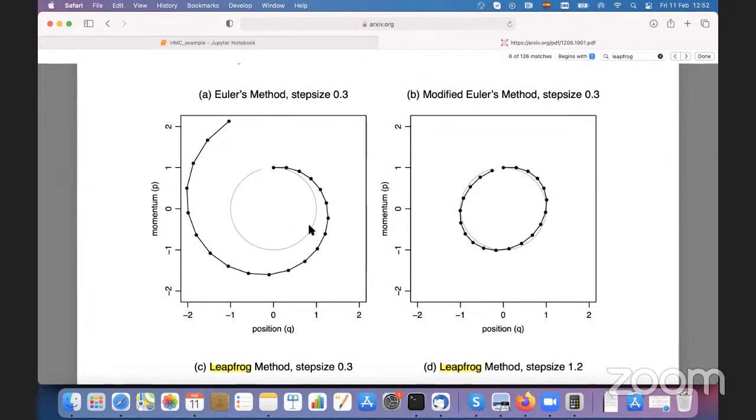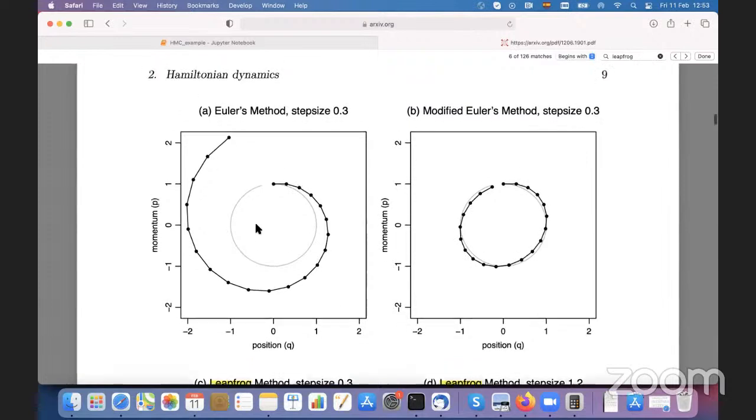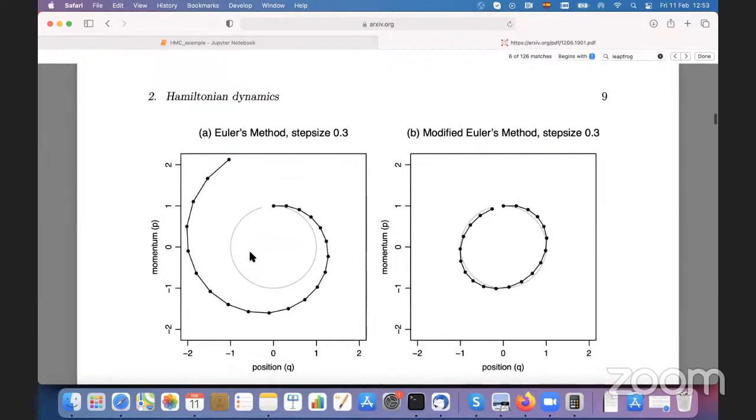This is the paper. This is a very good paper with a review on this. I will show you the reference later. But the Euler method: imagine that you are trying to sample from this distribution. Okay, so the Euler method, depending on the step size, is going to be better or worse, but in general it could actually diverge. And this is the plot in the left panel. There is a modification of the Euler method which is much better.